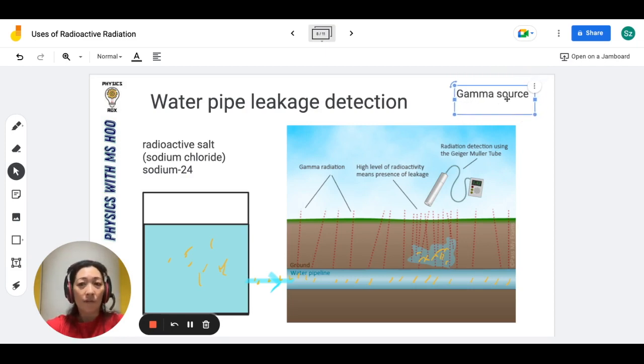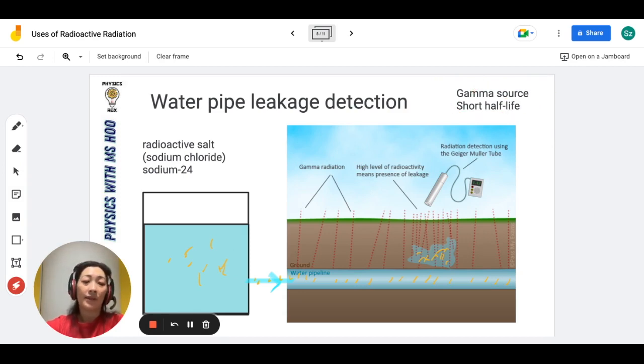Now, also, this is water that human beings are going to drink and that will also be used by animals and plants. Obviously, we don't want this radioactive water to kill us. So, we need to use something that has a short half-life. So, although the water is radioactive, if something has a short half-life, it means that its radioactivity level will decrease very quickly.